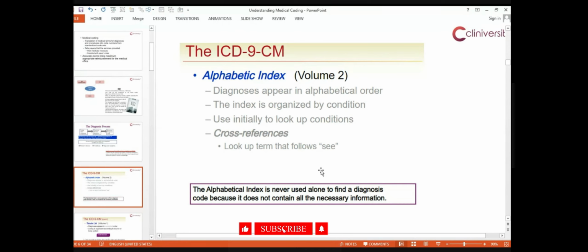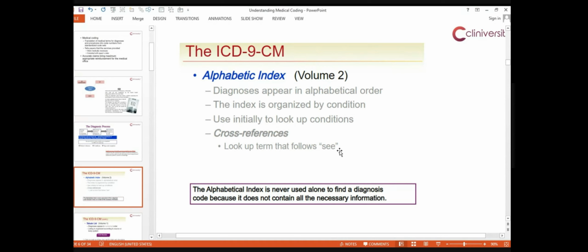In any condition, if you are looking for the code, it will give you a kind of guidance. They will mention "see" and then the page number and code number will be there. Accordingly, you will go to that page number and look into that particular code as mentioned under that guidance terminology. So it is for cross-referencing.